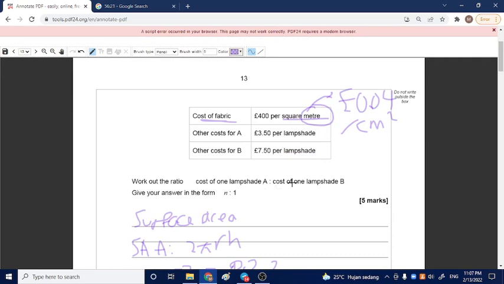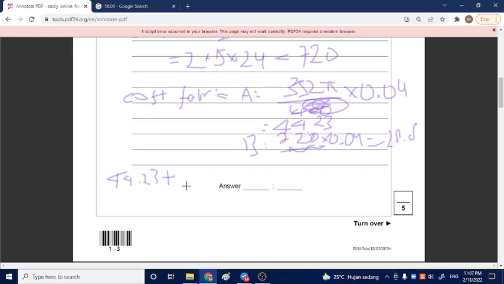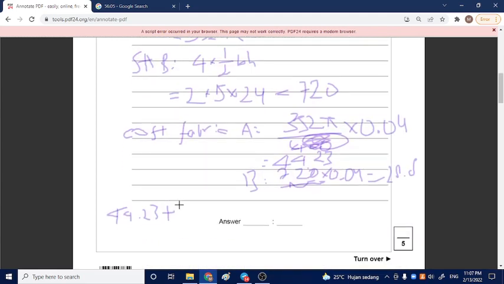Cost of lamp set A, we have this, so we have to add the before and this. That would be 44.23 plus 3.5, ratio to 28.8 plus 7.5. I am too lazy to do this, so we have like 36.3, this would be the right hand side.